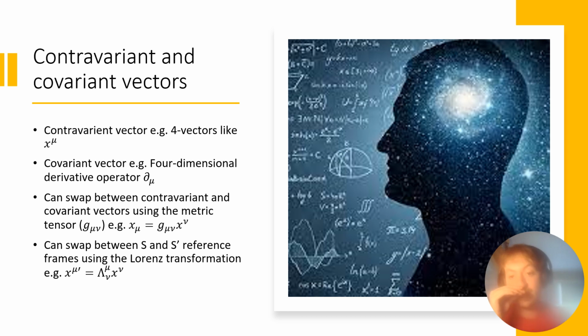And then lastly, because quantum field theory involves special relativity, because it's how special relativity and quantum mechanics unite to describe quantum fields in space-time, we need a way to swap between a non-primed and a primed reference frame, so an S and an S-primed reference frame. And in my last video I described the Lorentz transformations as essentially sets of equations, but you can combine those sets of equations into a matrix.